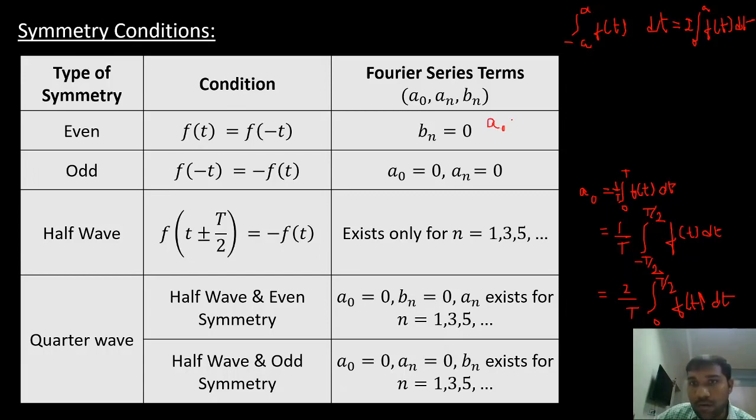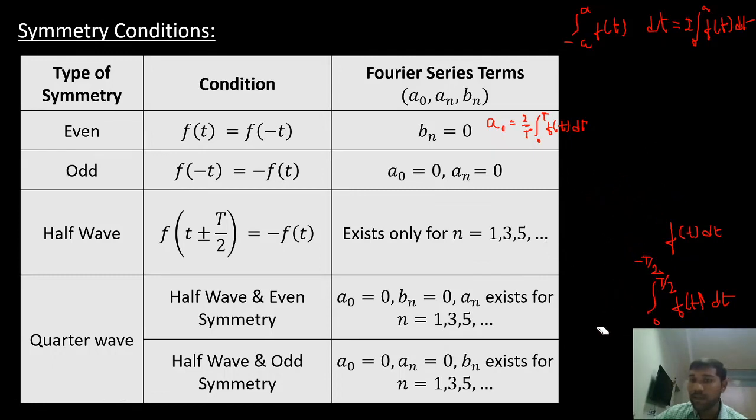A0 is equal to 2 by T, integral 0 to T, f of t dt, right? Similarly, I can do the same thing for An. So how can I write An?